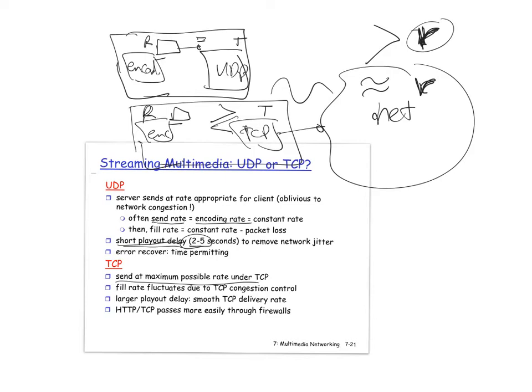So in that case, the transmission time fluctuates, and this fluctuation is due to TCP congestion control. UDP does not have any congestion control or flow control or anything.